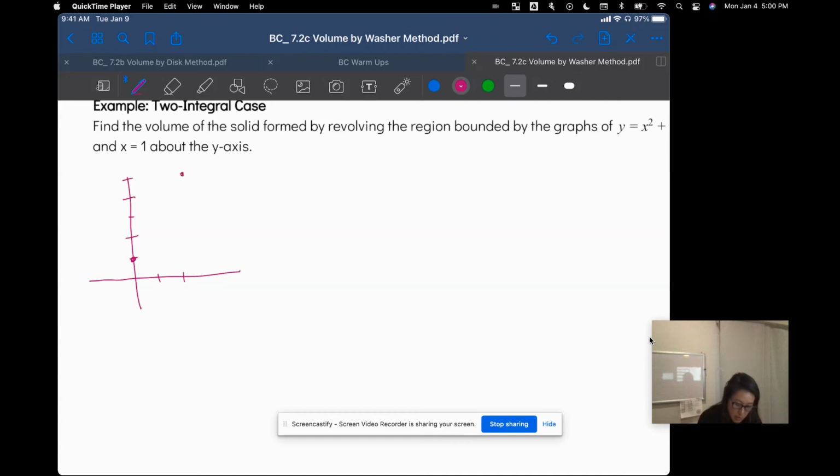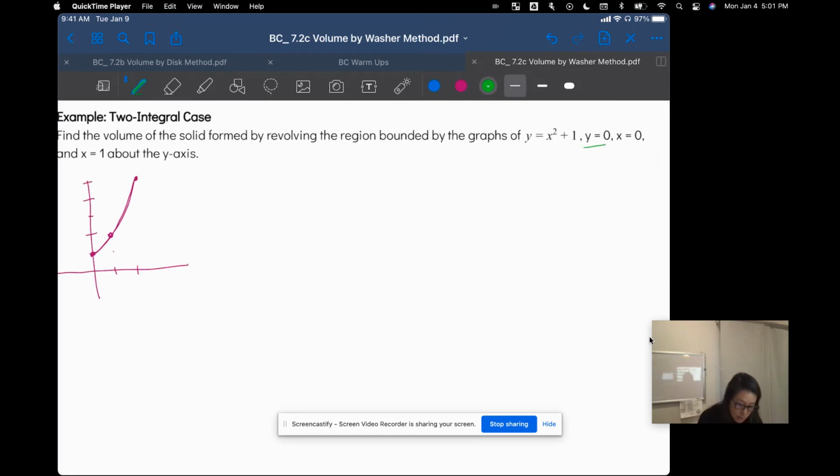So over 1, up 1, over 2, up 1, 2, 3, 4. So I get my parabola like that. And then it says y is equal to 0, which is the x-axis. X is equal to 0. I got my curve. And x is equal to 1. Oh. Yeah, I overshot that a little.